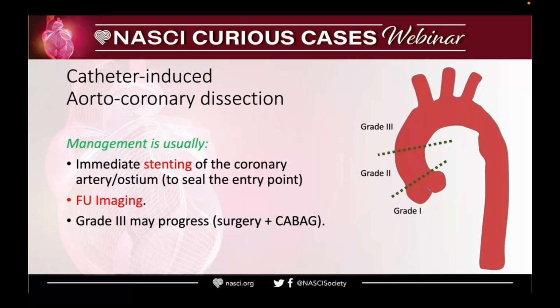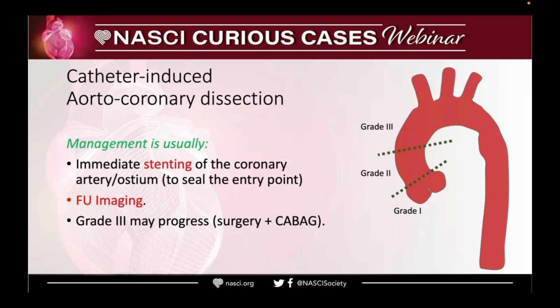So no dissection goes up to the aorta, but still they will do follow-up imaging to make sure. And in this patient, on the follow-up imaging, the dissection disappeared and everything resolved, so it was a good outcome.